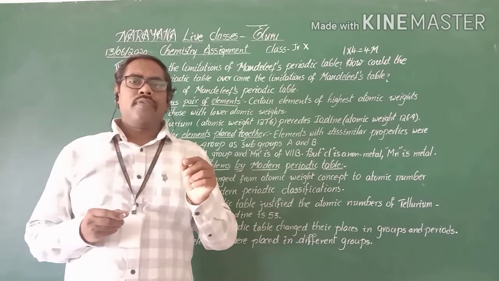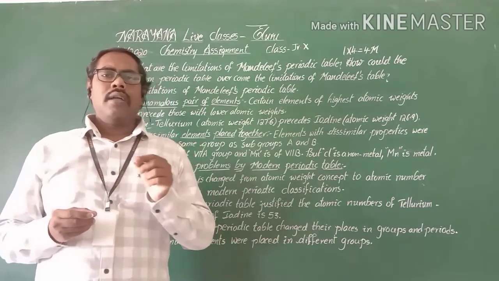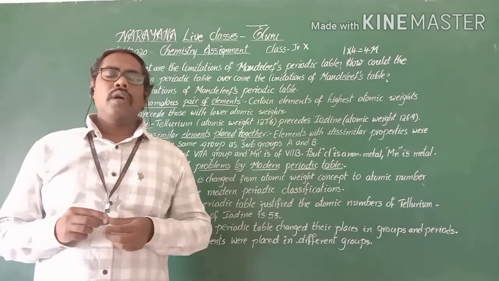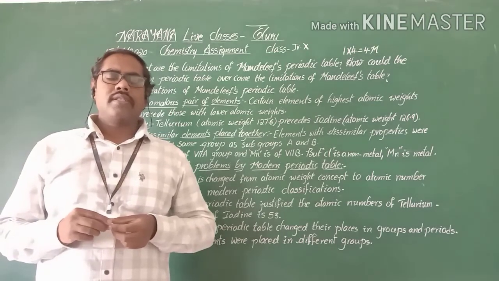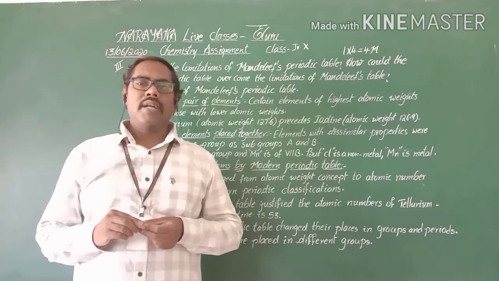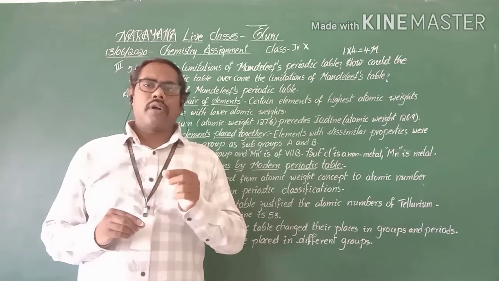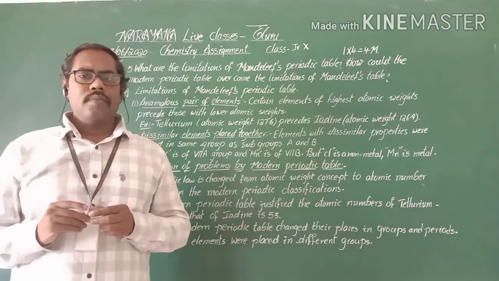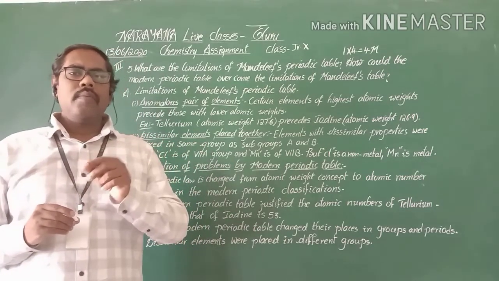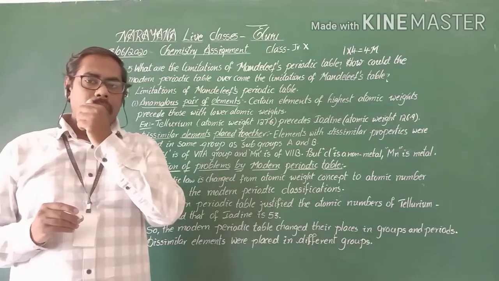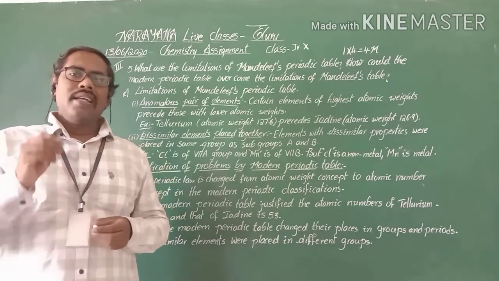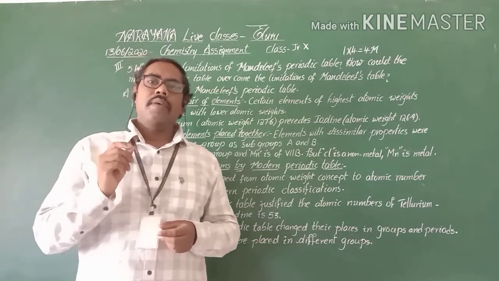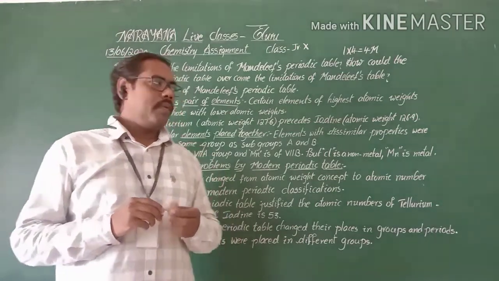First he arranged the higher atomic weight element, after that the lower atomic weight element. For example, the three pairs of elements are argon and potassium, cobalt and nickel, and tellurium and iodine. He changed the order in the case of these three pairs only.